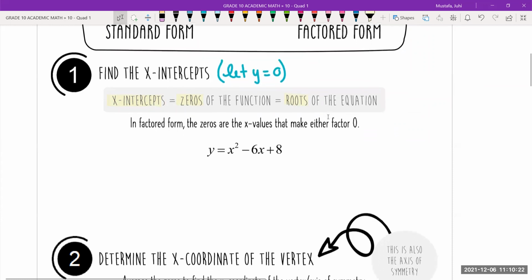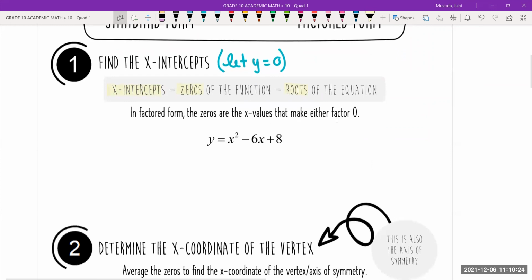In factored form, the zeros are the x values that make either factor 0. So you start by letting y equal 0, and then you factor this. It's a simple trinomial. You have an x here and an x here.